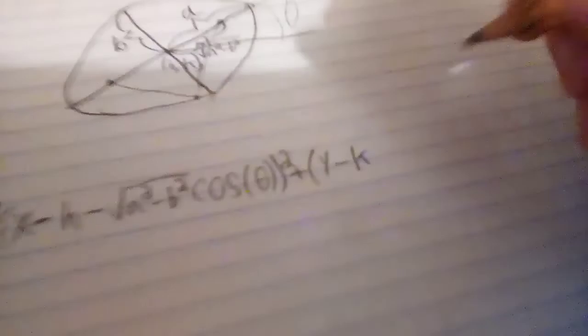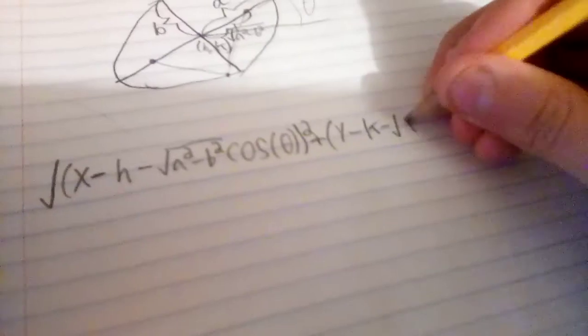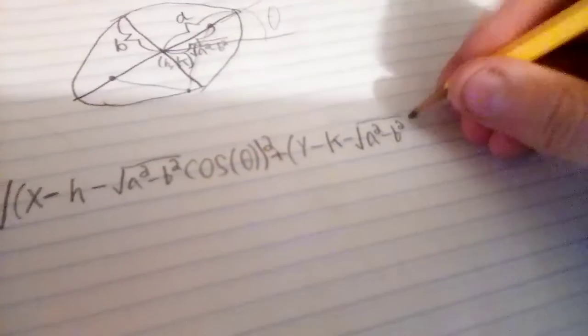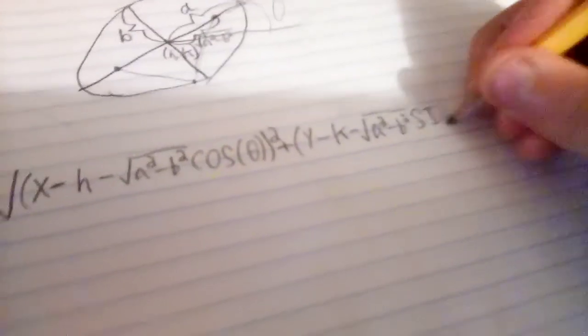And of course we have to square them, add them together, and put them under a square root. And yes, I make sure to write in all caps when I do that.